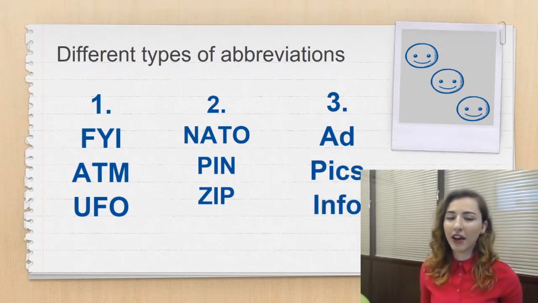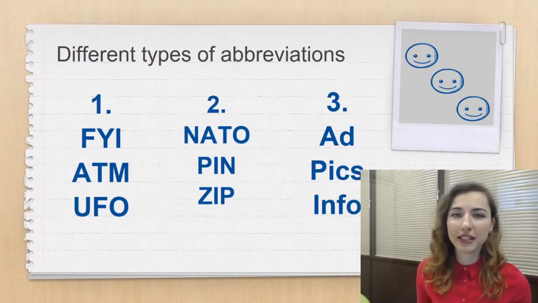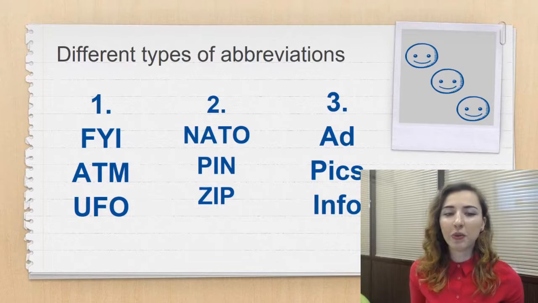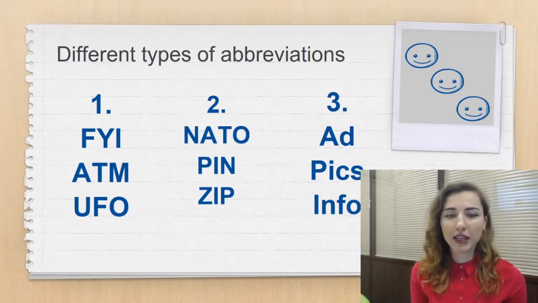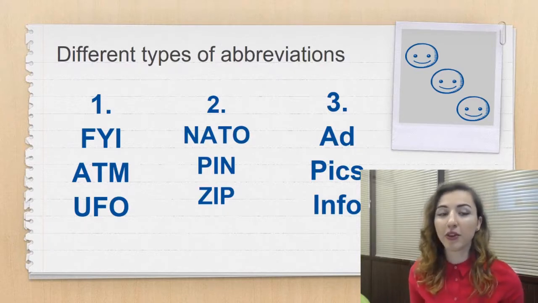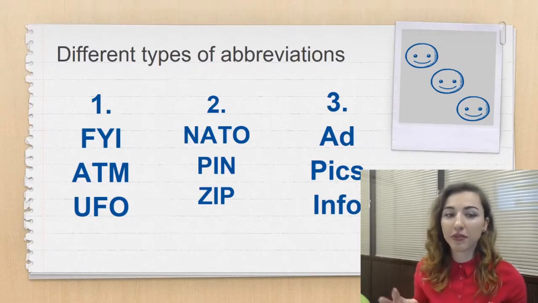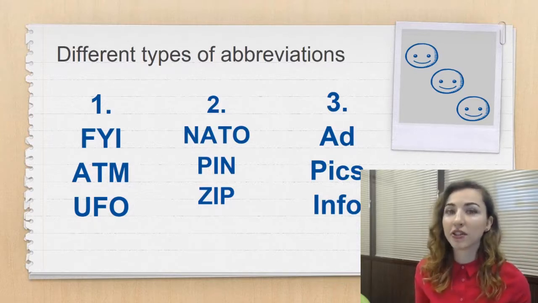All right, now let's try to understand what the difference is and what actually makes them sound a little bit different from each other. The first type, as you might have noticed, are the first letters of the words, right? So in this case we have basically 3 words. Only the initials are taken, and only the initials are pronounced.